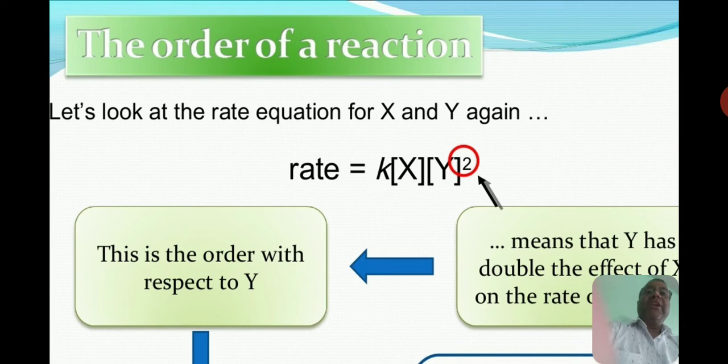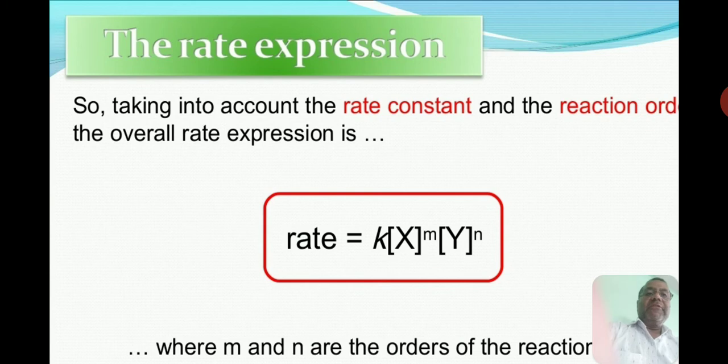Then we discussed the order of a reaction. This order of reaction and the rate expression are indicating towards the rate law. That rate law contains certain powers of the concentration of the reactant side. Here in this slide, that is indicated as m and n. That is indicating what? The order of reaction.